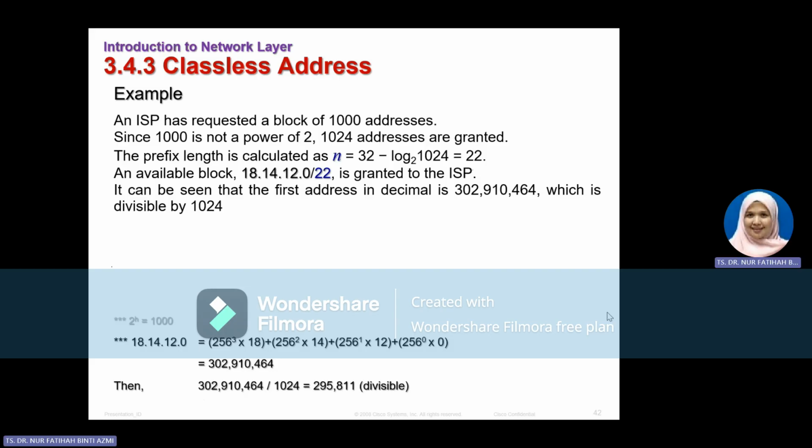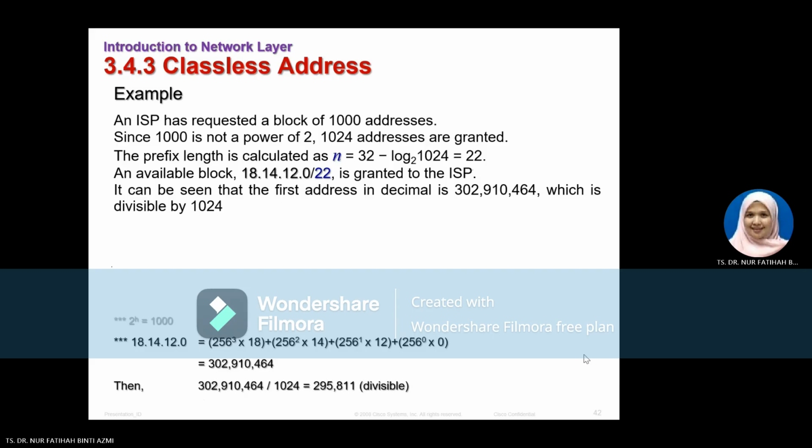When we convert this binary network to its decimal equivalent, the host bits are all zeros and contribute nothing to the decimal value. The decimal value of this address is essentially determined by the decimal value of the prefix multiplied by 2 to the power of 32 minus n.